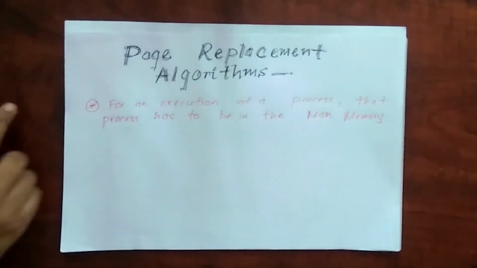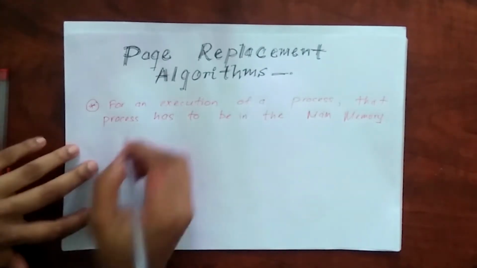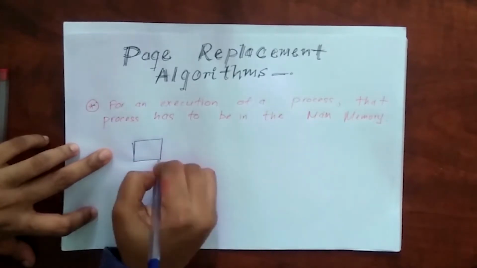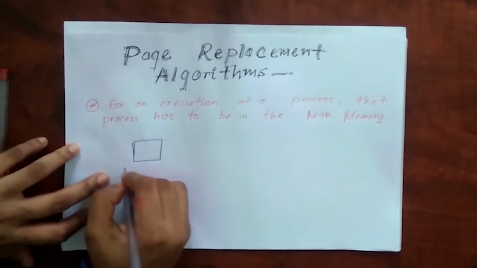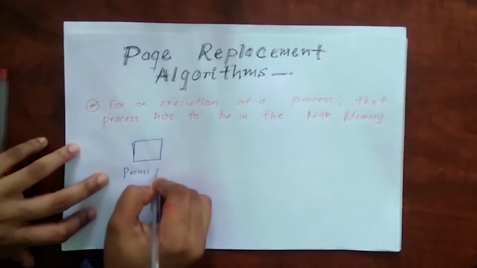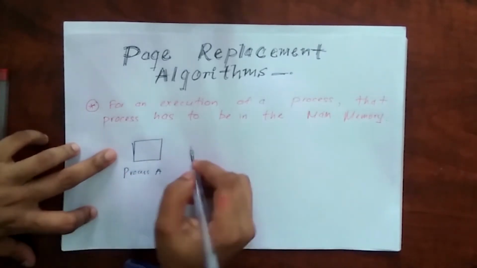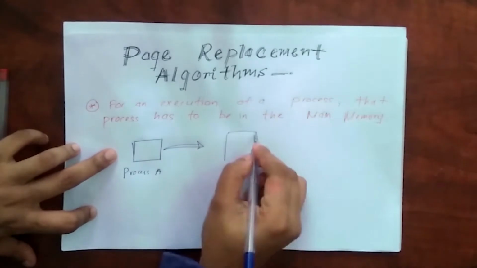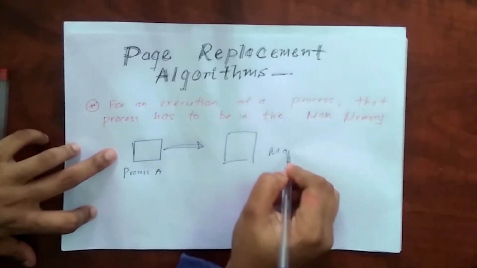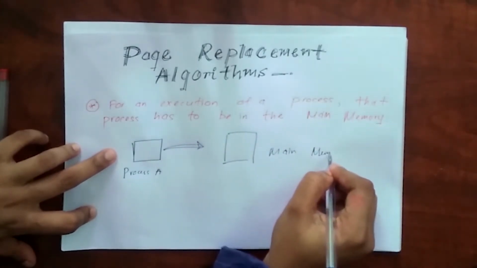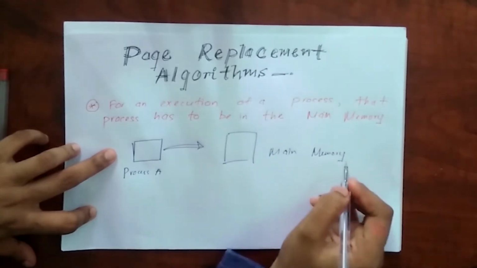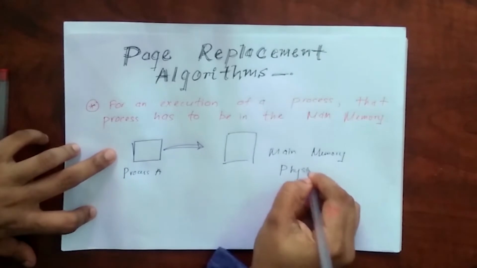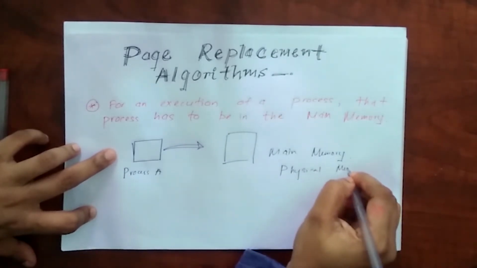Yes, so if I explain it more, this is process A. Let's take this as process A. If this process A wants to get executed, it should be in the main memory for sure. And this main memory is also known as the physical memory.